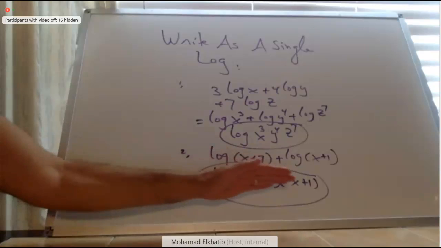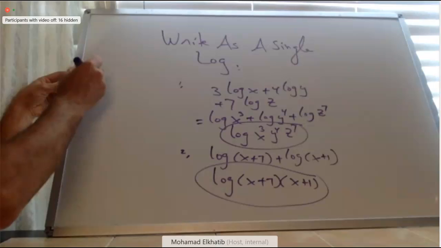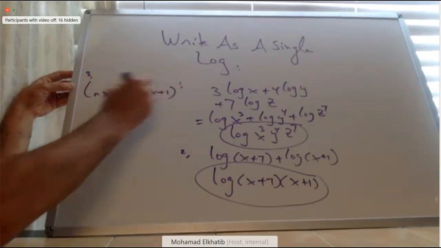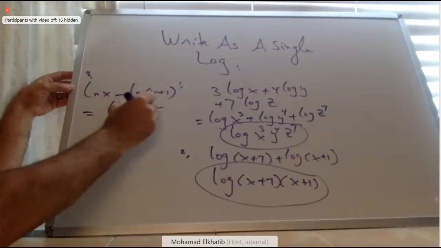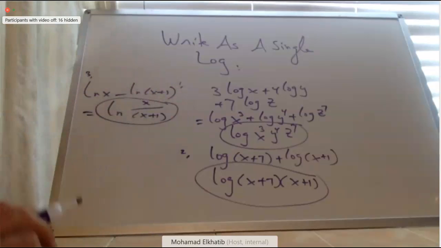This is most of the ones we're going to work next week to make single logs. Or if I have, let's say, ln x minus ln of x plus 1, all I do is divide them. That's all I need to do to make it a single log. Okay?